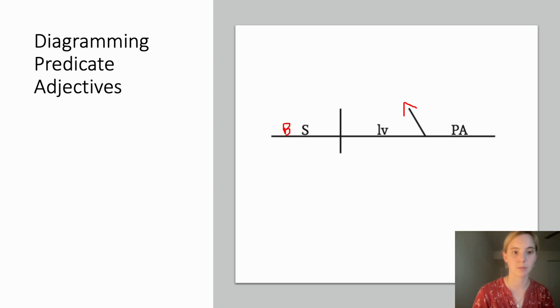Book would go in my first box. In my second box, was is my linking verb. And then the book was what? Dusty. And all this would be directly on the line, if not for the text already there. And then which book? That book.